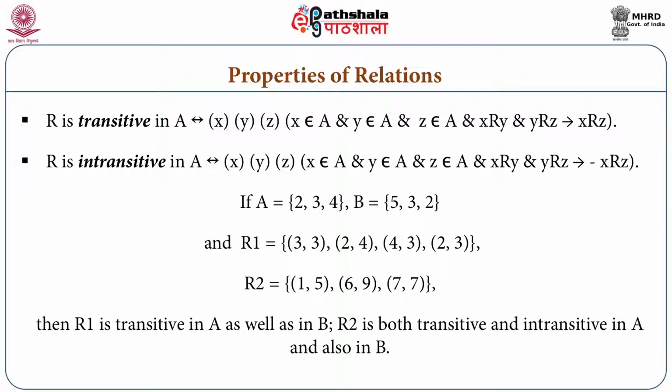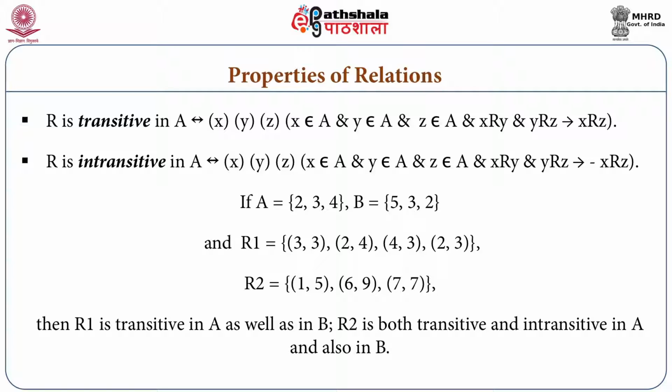So anyway, let us look at the concrete examples. Suppose we have a set A with members 2, 3, 4, another set B with members 5, 3, 2, and there are two arbitrary relations, R1 and R2. Members of R1 are (3, 3), (2, 4), (4, 3), (2, 3). Members of R2 are (1, 5), (6, 9), (7, 7).